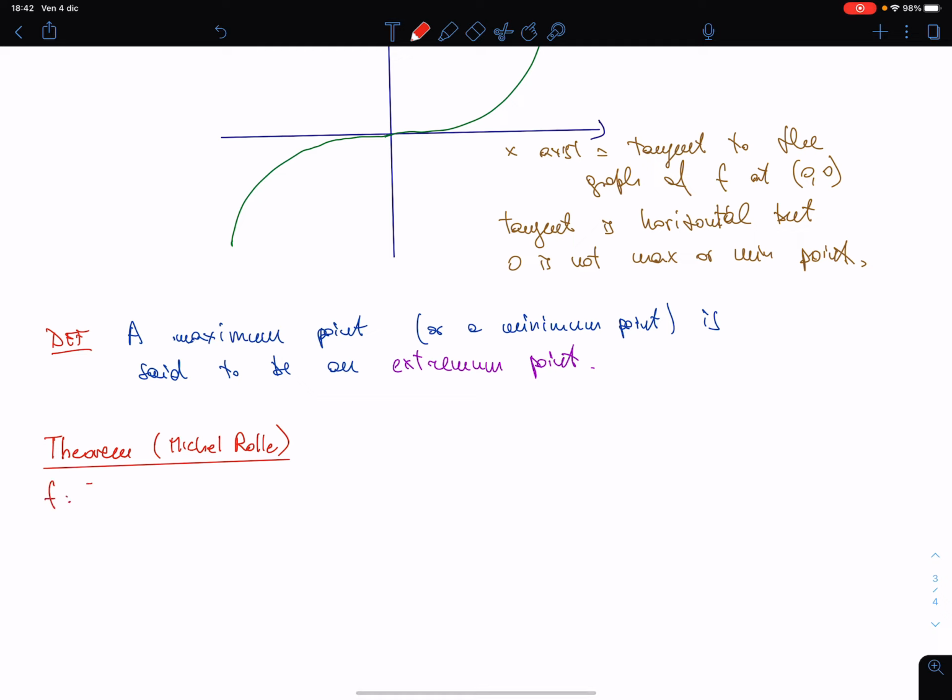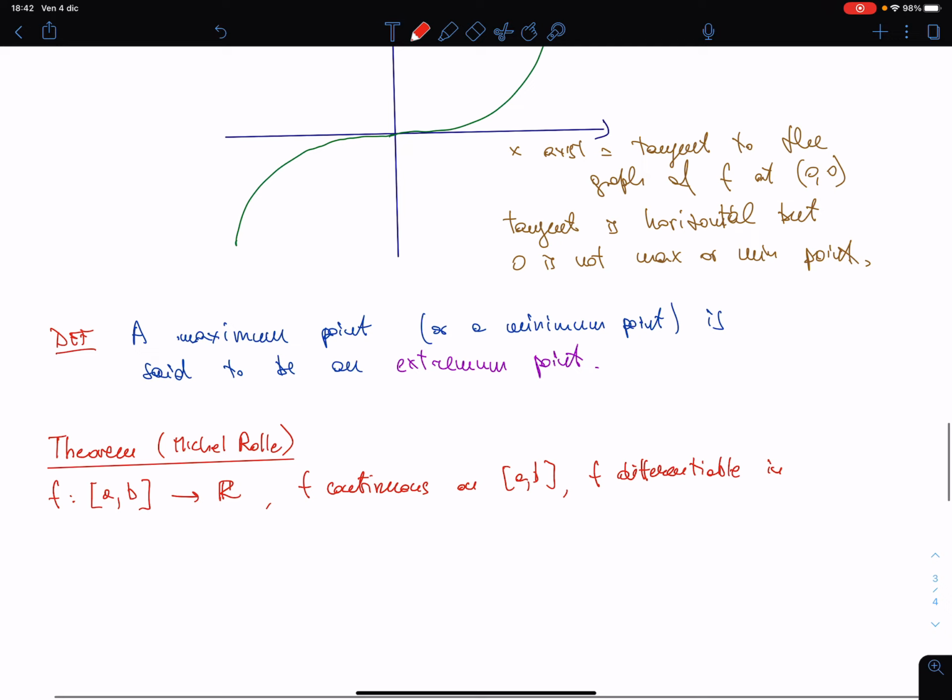You have a function which is defined on a closed and bounded interval. This time the fact that it is closed is important. In the Fermat theorem it was not, but here it is important. Then f continuous on [a,b], closed, and f differentiable in (a,b) open, because we define derivative only for internal points.